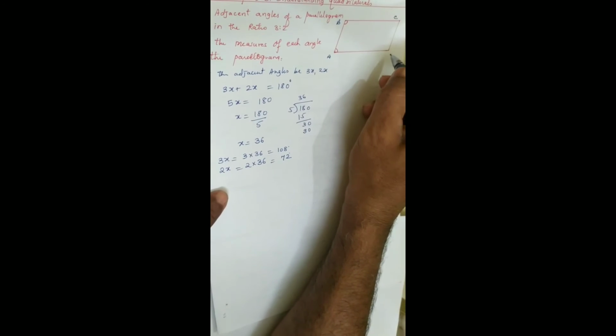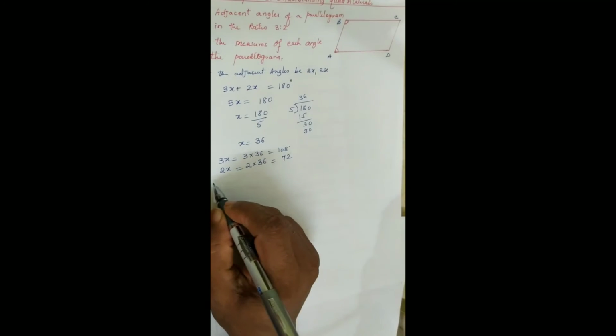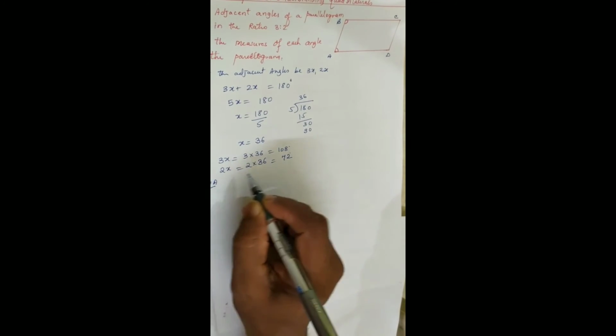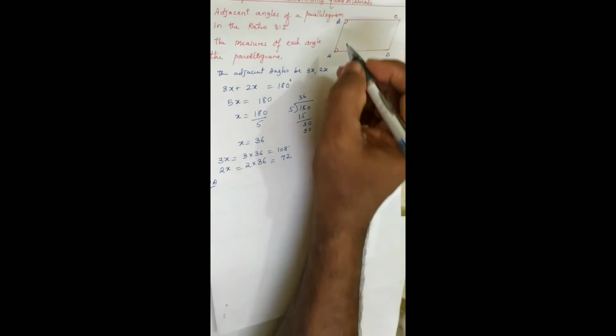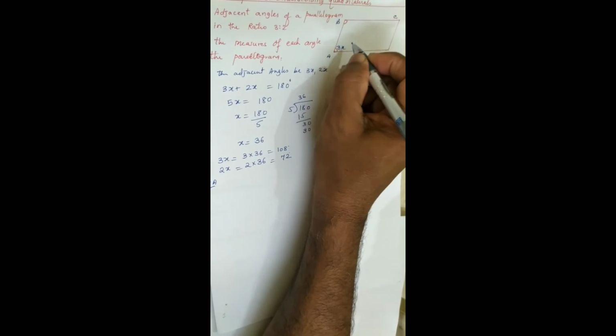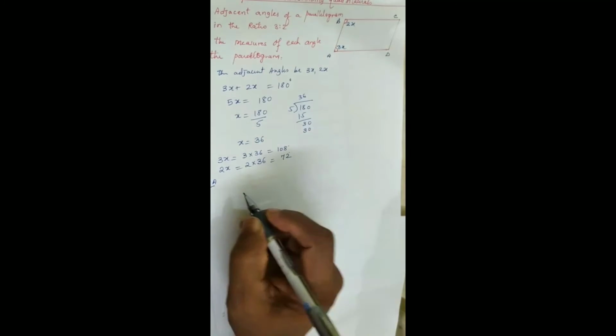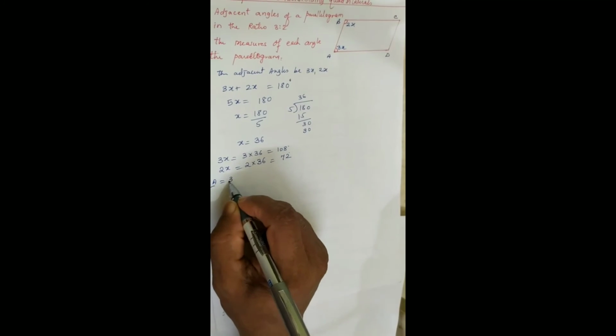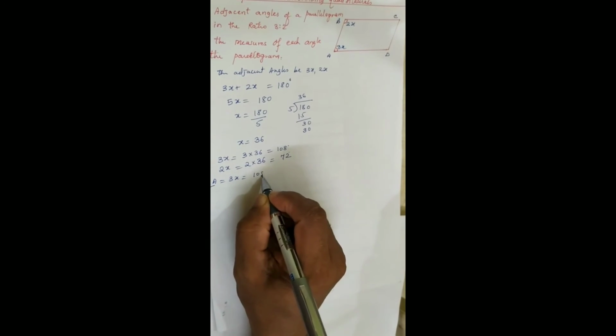So you can say A, B, C and D. So angle A, if I take this as 3x, this as 2x, angle A equals 3x, which is 108.